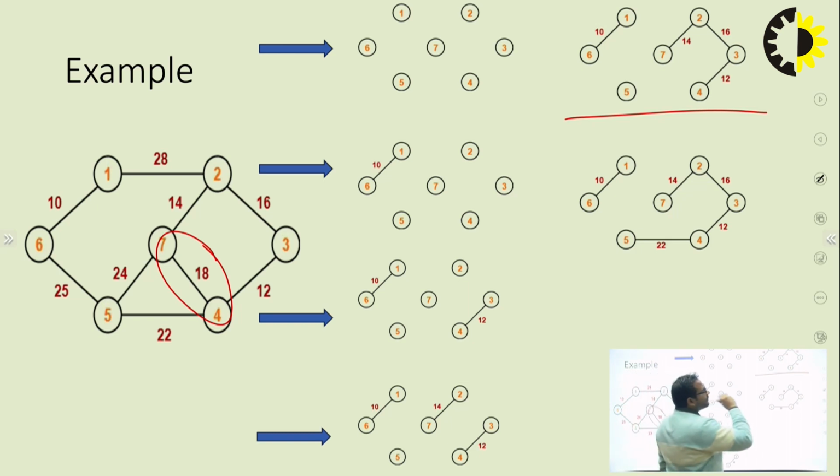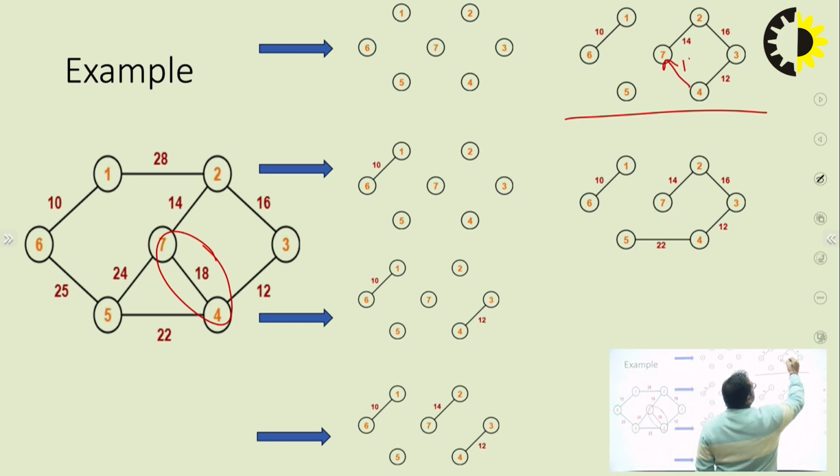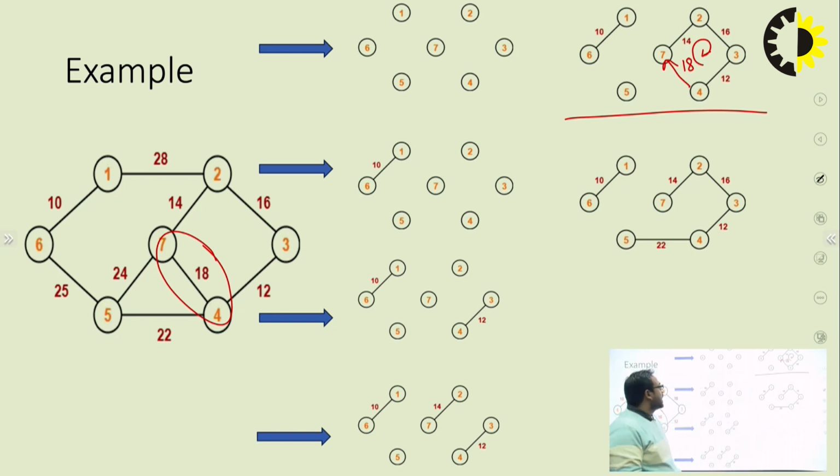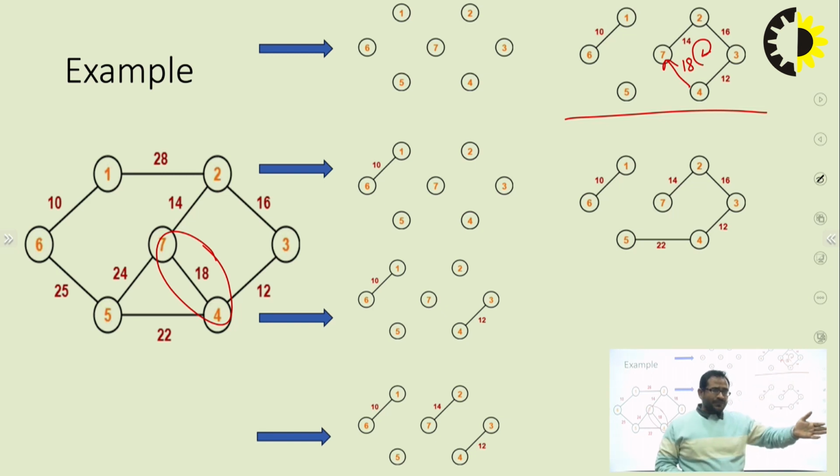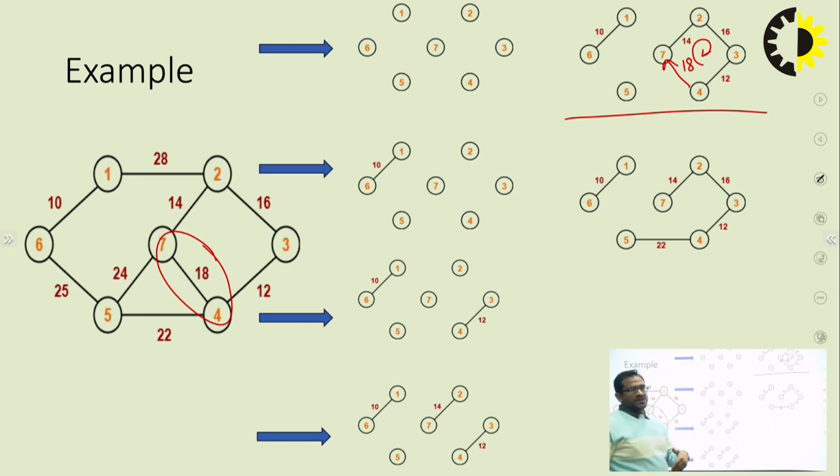But what is the problem? Whenever I select this 18, it makes a cycle. Got my point? After 16, the minimum weighted edge is 18. If I select this 18, it makes a cycle. So what you have to do? You have to reject it and choose the next minimum edge after 18.